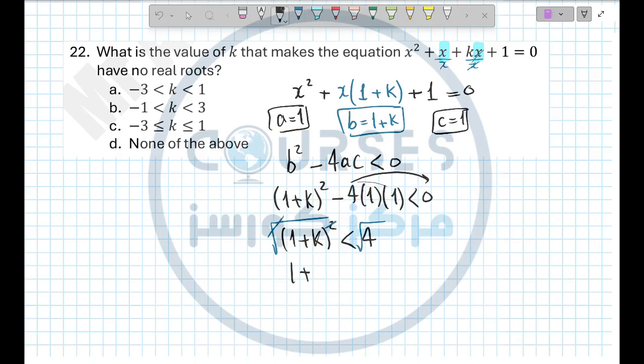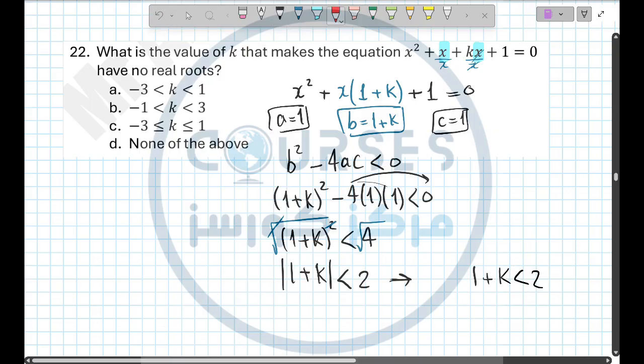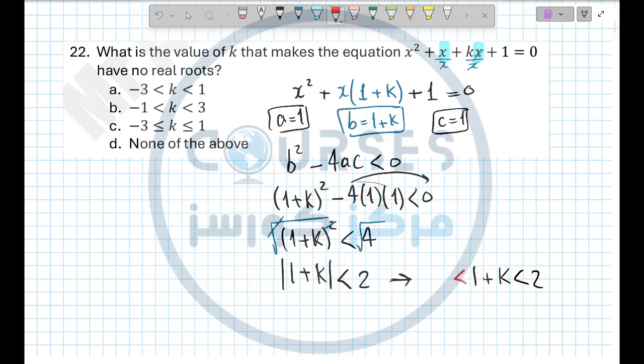So 1 plus k, but of course absolute value is less than square root of 4, which is 2. This is the AND case, so this will give us 1 plus k less than 2, and you need to repeat this part in here, but in negative. So this is going to be like this.